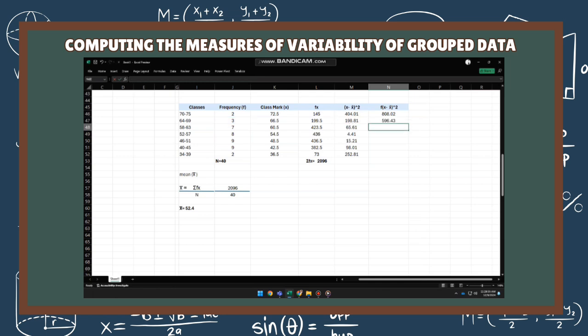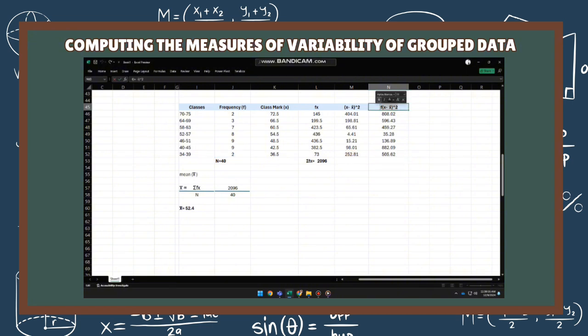Tuloy-tuloy lang natin siyang i-times. So, 7 times 65.61. 8 times 4.41. 9 times 15.21. 9 times 98.01. 2 times 252.81. So, ayan.